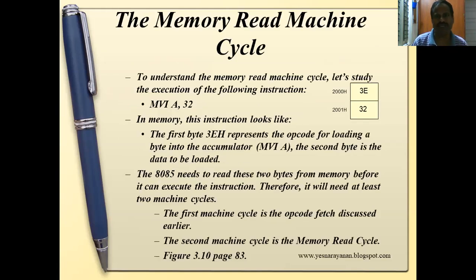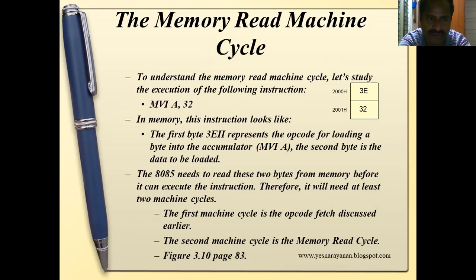The memory read machine cycle. To understand the memory read machine cycle, let us study the execution of the following instruction. Assume that the program is stored in 2000 and 2001, 3E and 32.